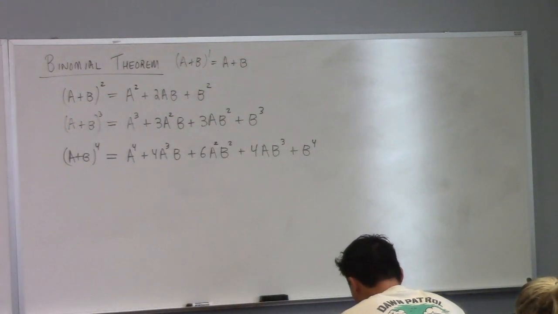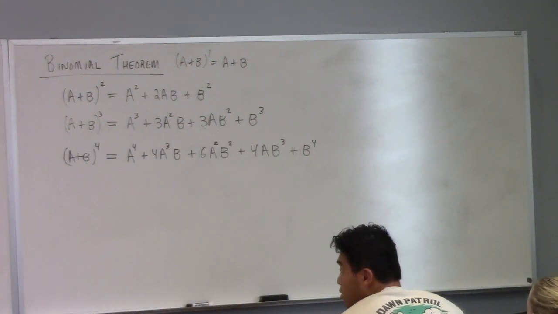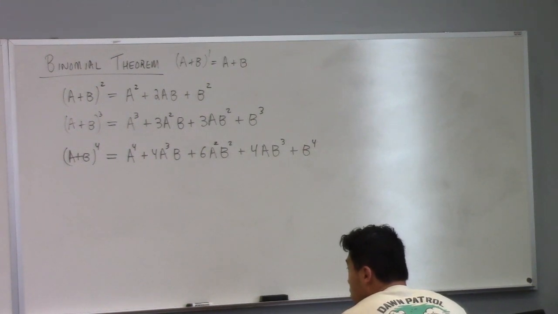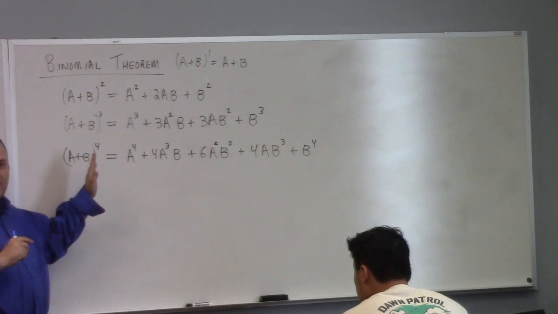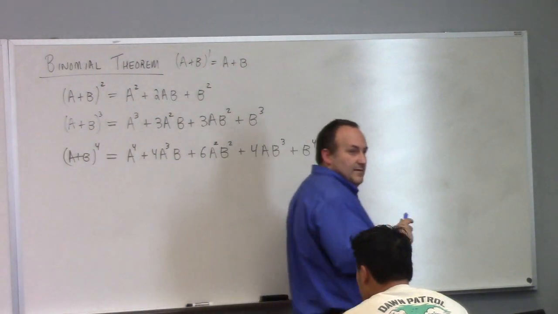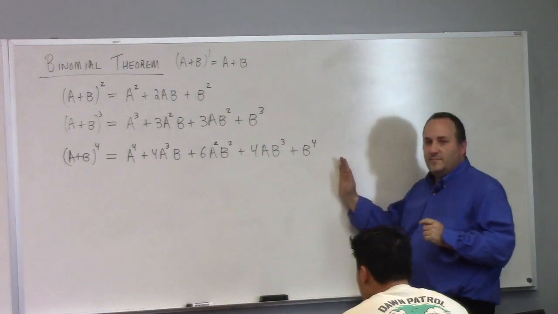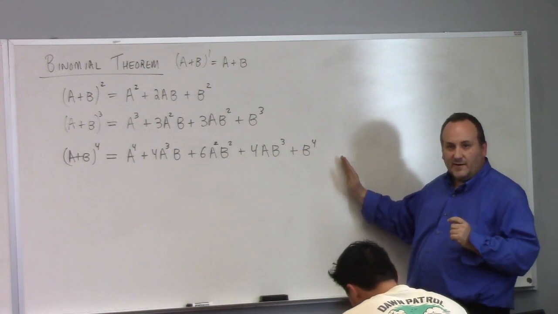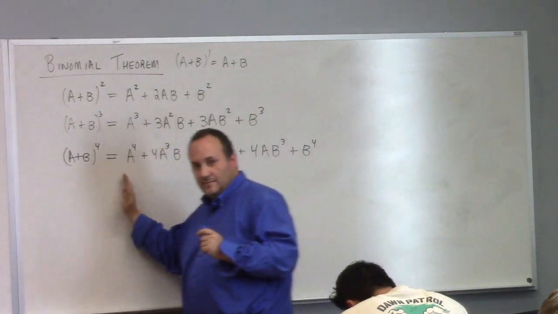First of all, there's a really simple pattern to what I'm doing. Look at the formulas. As you go left to right, the power of a goes from the highest power and drops down to nothing. And the other way, the b raises to the highest power, but it starts at nothing. Do you see that?